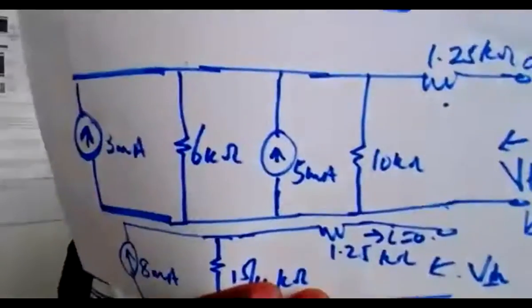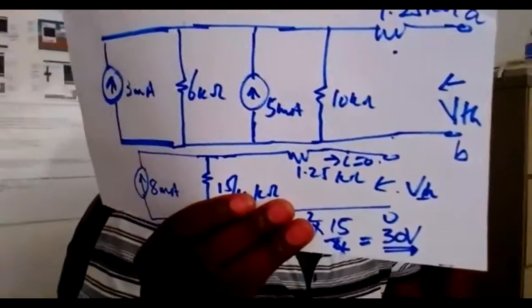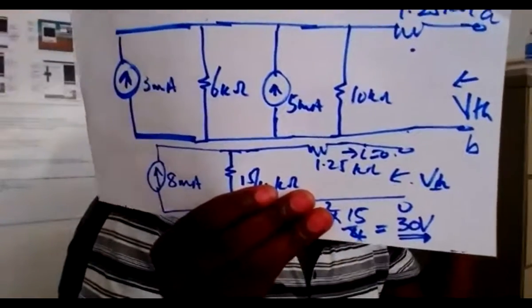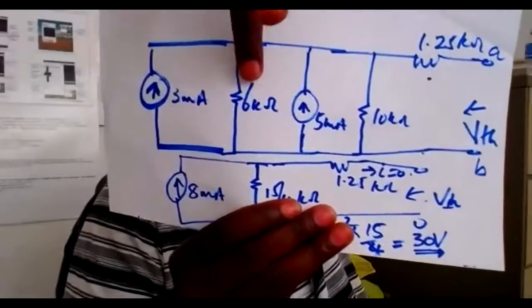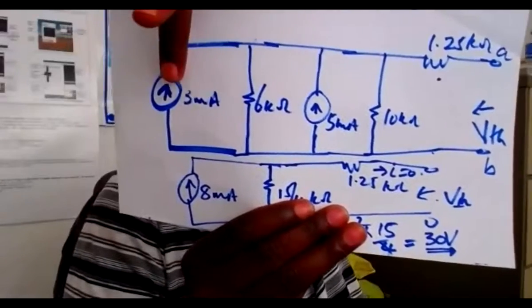Then the next thing that we want: we know that the maximum power transfer occurs when the load and the R Thevenin are equal, and we want to find the value of Thevenin's equivalent voltage. Today I have not employed superposition; I used source transformation. So this was the 18 volt source and the 6 kilo ohm in series.